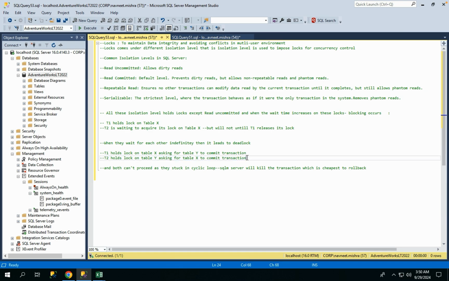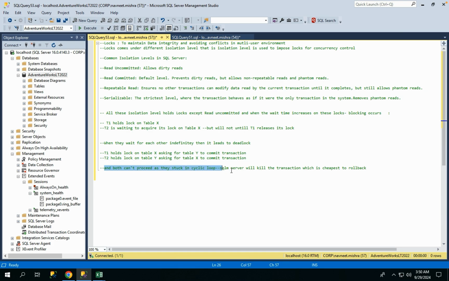But it is very clear that both will not proceed, because transaction 1 will not complete until it gets a lock on table Y, and transaction 2 will not complete until the transaction on X completes. So both are stuck in a cyclic loop, and both cannot proceed.